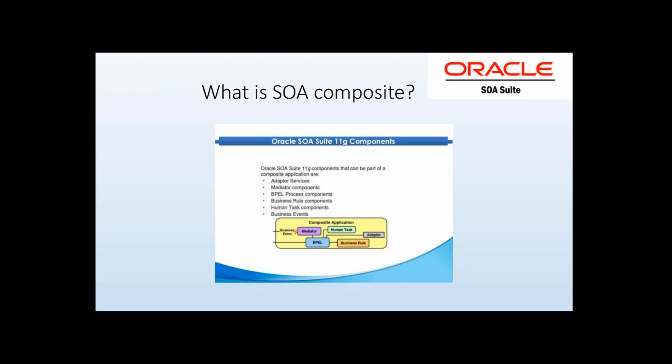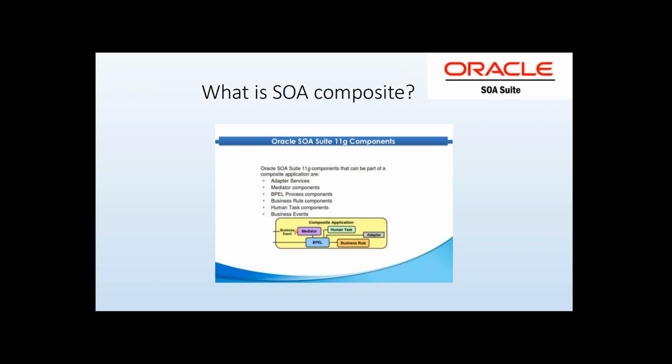Inside the composite, we may have different components, meaning different technologies in SOA Suite, that we can see on the screen. We have adapter services, one component. We have a mediator, one component. We have BPEL, one component. We have a business rule, one component, and the human task and business events.